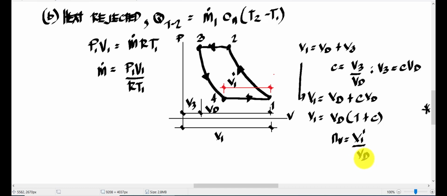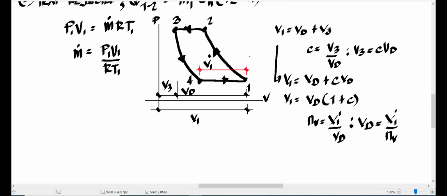So we can express our VD as equal to your V1 prime divided by the volumetric efficiency, where our volumetric efficiency is equal to the equation of 1 plus C minus C, multiplied by the ratio of P2 over P1, raised to the exponent of 1 over n.